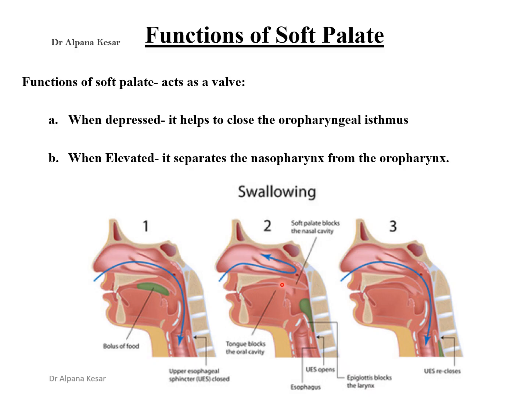Hence, at the time of swallowing, the soft palate gets elevated to close nasopharynx from the oropharynx so that the bolus of food can pass down into the laryngopharynx and then into the esophagus.